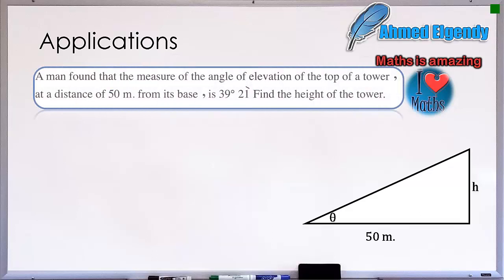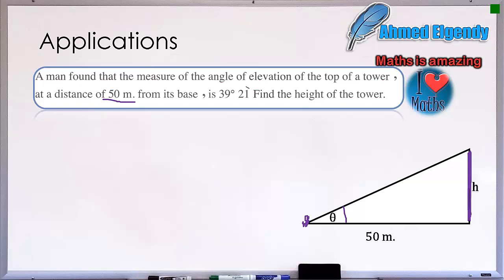We take the exercise and draw a simple right angle triangle. This line represents the tower, and the man is here, and this is the elevation angle, which equals 39 degrees 21 minutes. We know from the exercise that 50 meters is the distance from the man to the base of the tower, so we have the adjacent side of the angle.